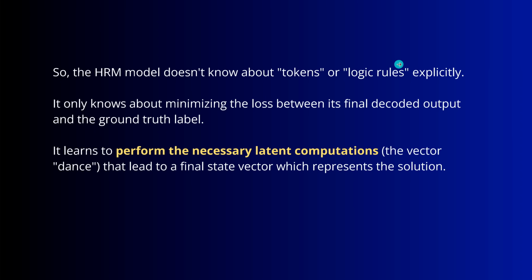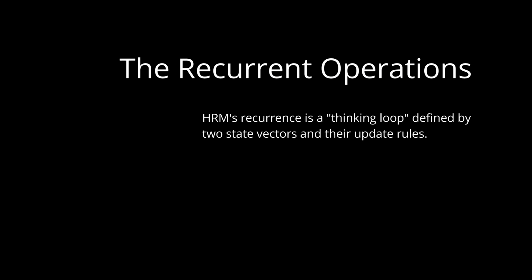It is just trying to find a solution from its pre-training dataset. It only knows about minimizing the loss function between its finally decoded output and the ground truth label. This is all that there is. So it learns to perform the necessary latent computation. This is this vector dance, if you want, that leads to a final state vector which really represents the solution. And I've showed you how to transform a Sudoku into a state vector, a high-dimensional state vector.